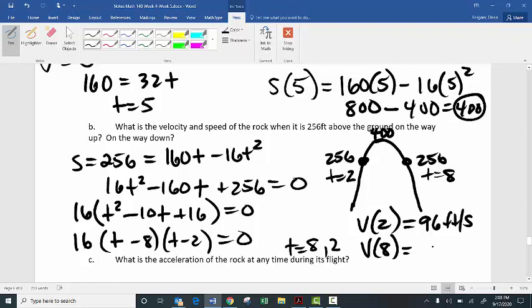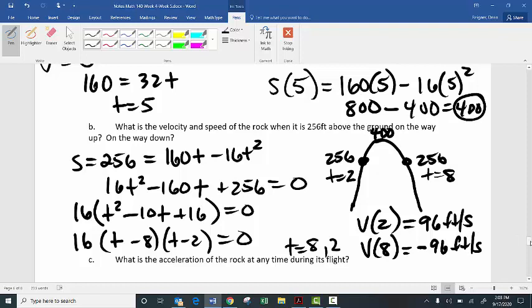So if you put in 160 minus 32 times 8, 32 times 8 gives you negative 256, and then plus 160, you get negative 96. So on the way down, the velocity is negative.